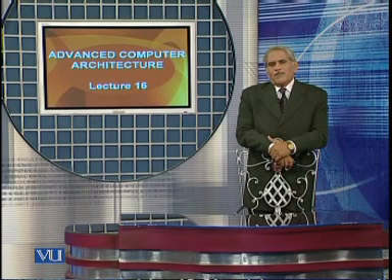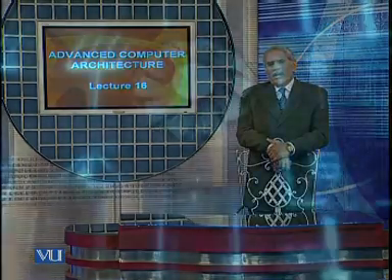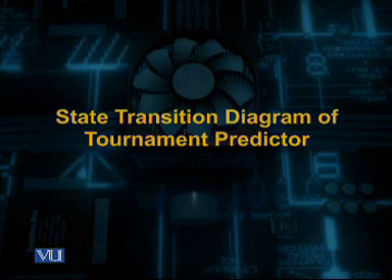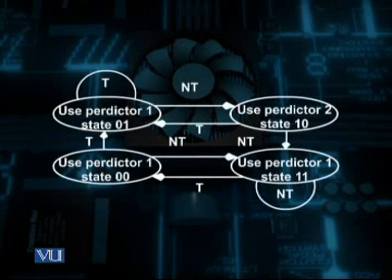For example, we can have a 4-state tournament branch predictor which employs a 2-bit counter as a selector for a particular state. Here is a state transition diagram for a tournament predictor for 2 predictors having a 2-bit saturating counter.